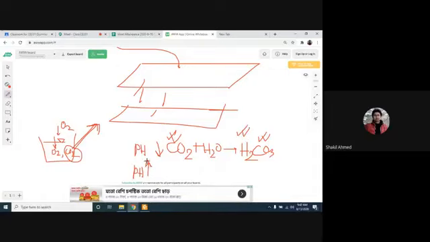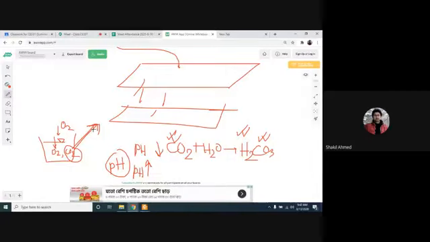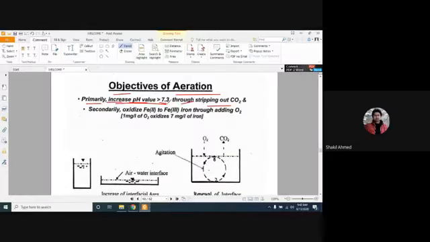Your pH will be higher in this case. So increase pH value above 7.3. But since this is not direct chemical addition, you cannot increase your pH much, like 9.4 or 10. This may be 7.3 for stripping out carbon dioxide.